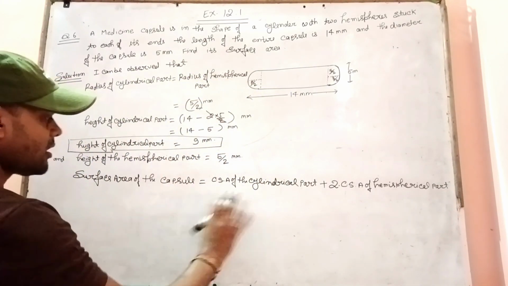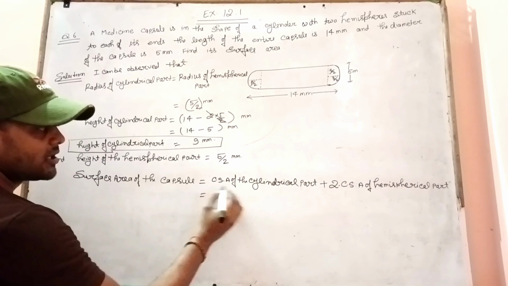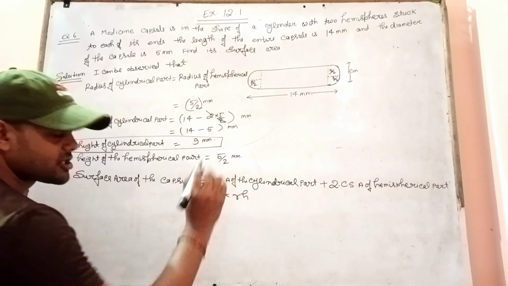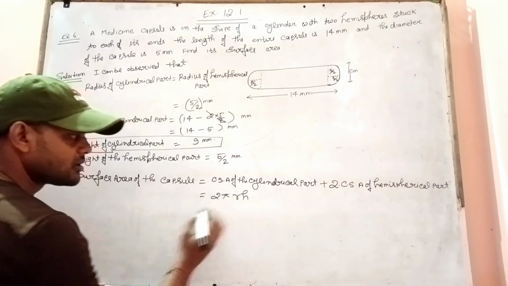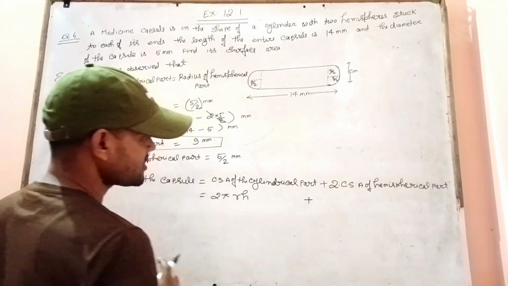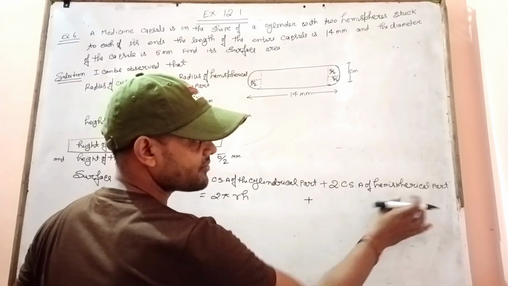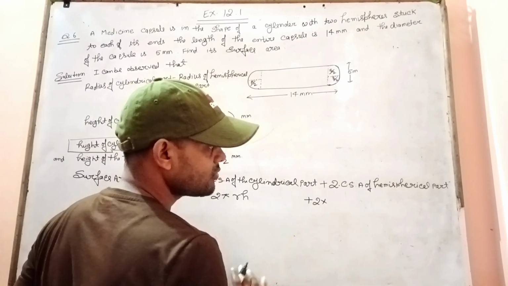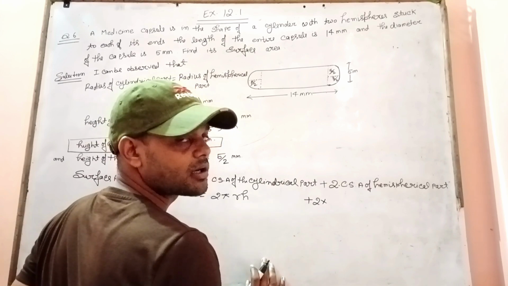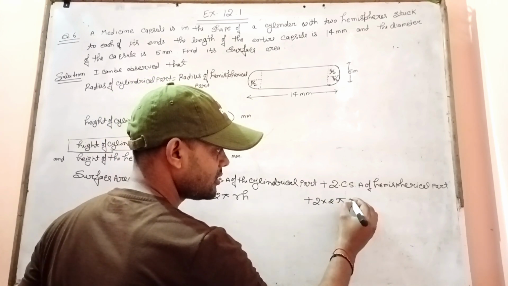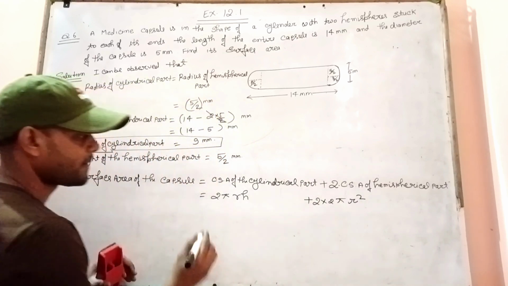Putting the values of all formulas: CSA of cylinder is 2 pi R H, plus 2 into CSA of hemispherical part, which is 2 pi R square.